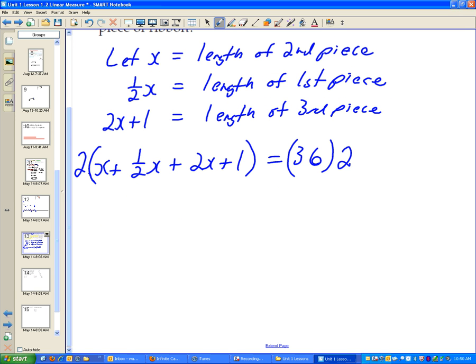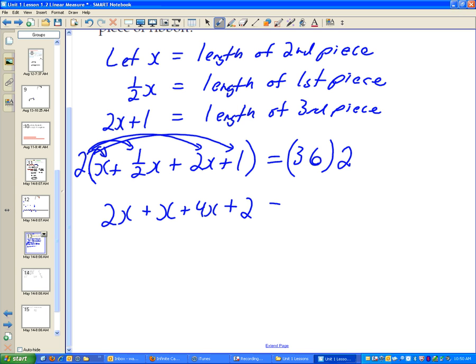No, you can work with the fraction if you want. So you can do 2 times x and get 2x. And then 2 times 1/2 x would be 1x, or just x. 2 times 2x is 4x. 2 times 1 is 2. On the other side, 36 times 2 is 72. No more fractions or decimals to mess with.